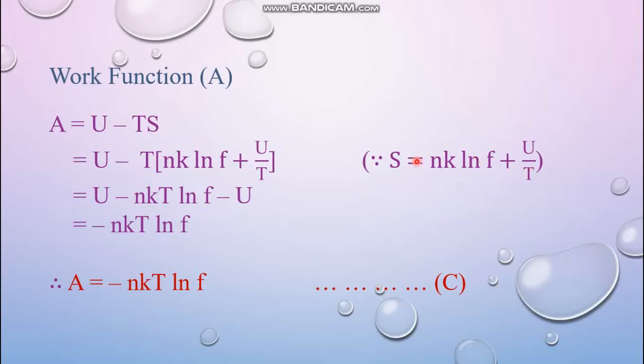So this value is inserted in place of S, and after multiplying with T, this part becomes NkT ln F and this part becomes minus U. So this U is cancelled by this minus U, and finally what is left is minus NkT ln F.